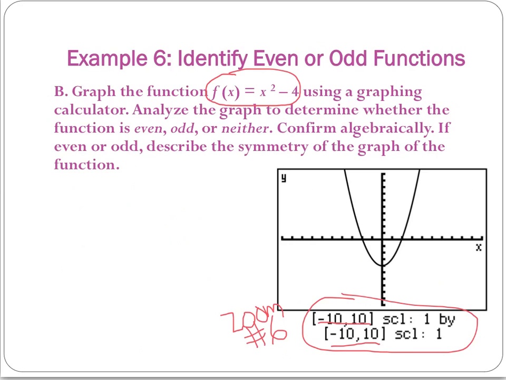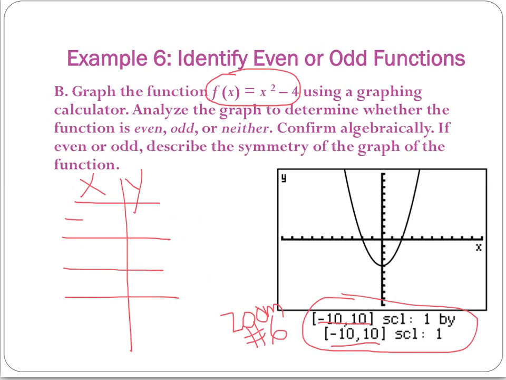So just looking at this function, I can look at my table of values, and if you set your table setup to have independent variable on ask, you can fill in your table for x values. You can choose your x values, and I'm going to try negative 2 and positive 2.